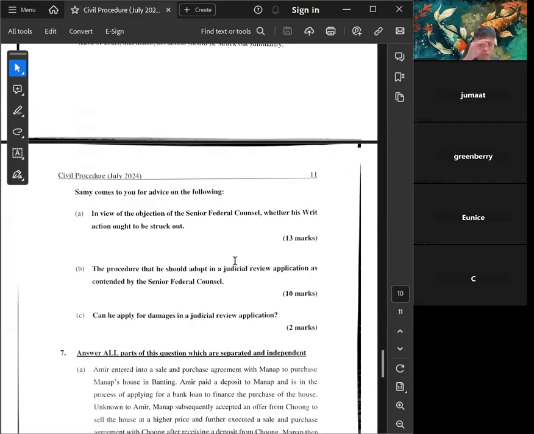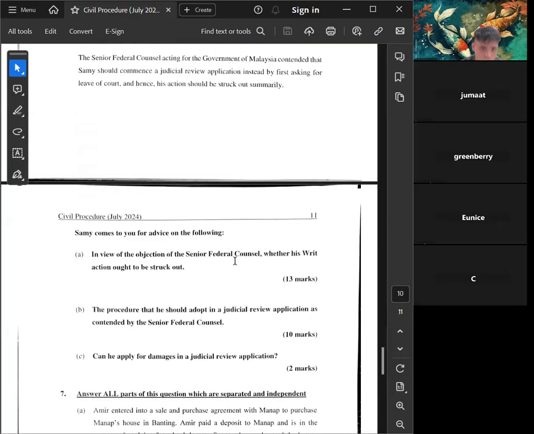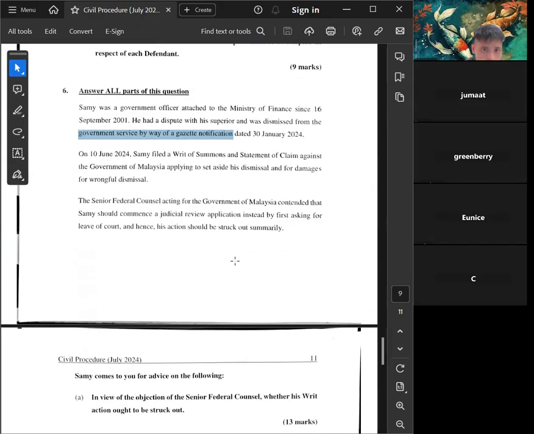Once you have outlined Order 53, Rule 3, you can further write on Order 53, Rule 2. So these are the relevant procedures. But also one thing: I guess he wouldn't get caught? He will get caught, because you see, the notification is dated January 30th.